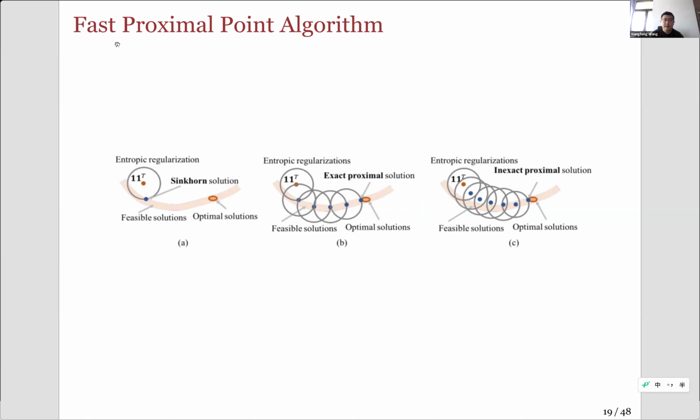And also if we solve each subproblem we introduced in the fast proximal algorithm, we get, step by step, closer to the exact optimal solution. And then if we only introduce one single iteration here, we will use more iterations, but we can still get close to the optimal solution.